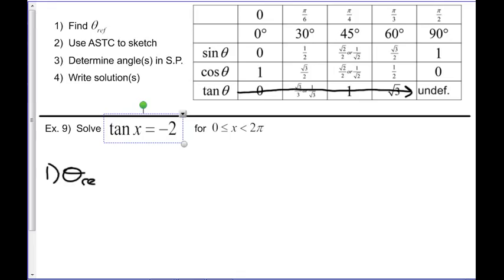Still looking for theta ref, and I'm going to go inverse tangent. And just like before, we didn't care for the reference angle whether it was negative or positive. We only looked at positive values. Here I'm going to go inverse tan of 2, of the absolute value of whatever this is.